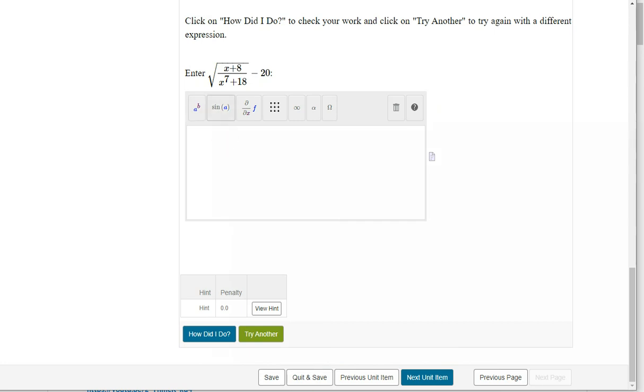And this time, if I wanted to do this mess, instead of it being under a radical, if I wanted it all raised to a power, let's see, I have to hit parenthesis first and then put in A to the B. No, wait a minute.